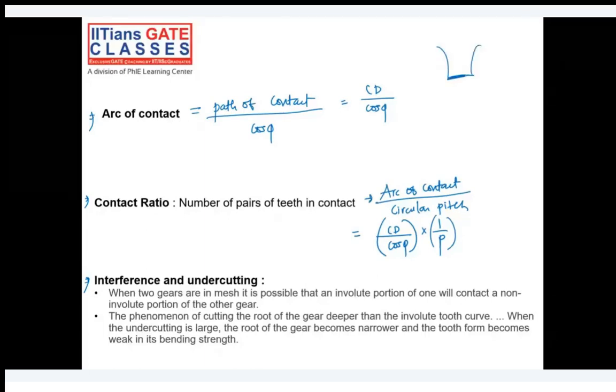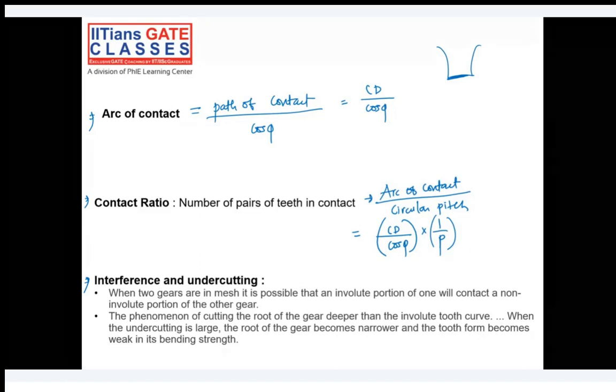So the first gear will start interfering or will come in contact with this non-involute portion of the other gear, and basically it can cause wear and material removal from the first gear. Or let's say somewhere here it will cut the material.